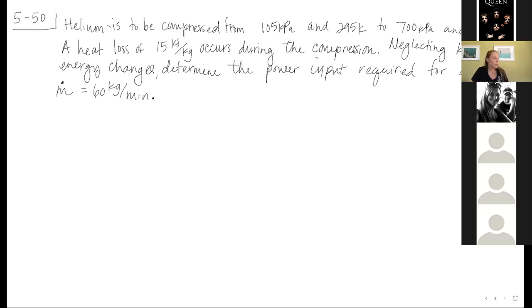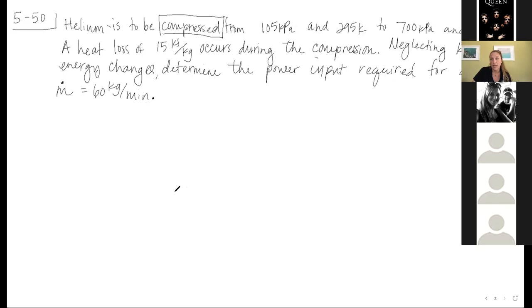Okay, so this problem is compressing helium gas with a certain mass flow rate associated along with pressure and temperature. Helium is to be compressed. That tells us that we are looking at a compressor. We are in chapter 5, so you should be looking for terms like that.